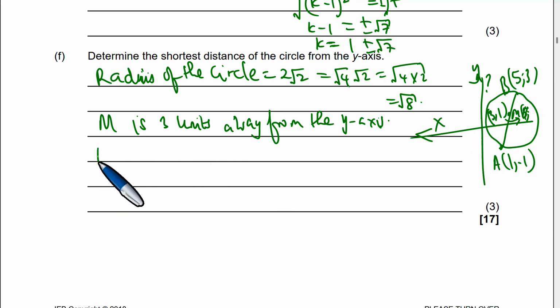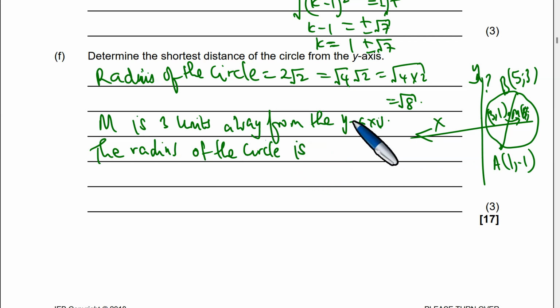What is the radius of the circle? I'm mentioning that again. You can write it in a couple of ways: the square root of 8 units, or 2 the square root of 2 units, the same thing.